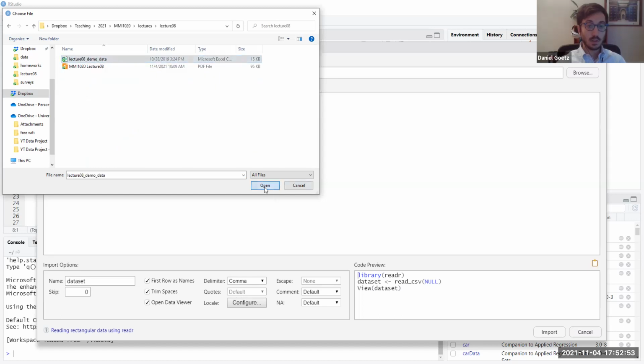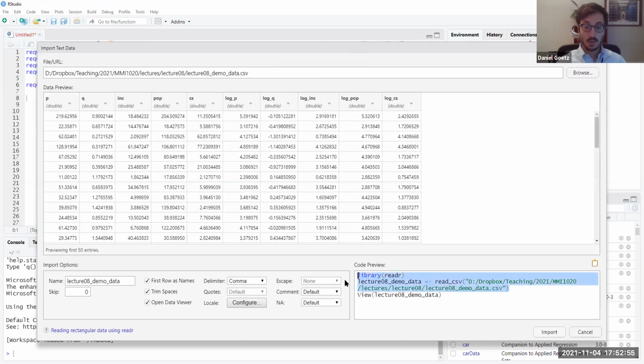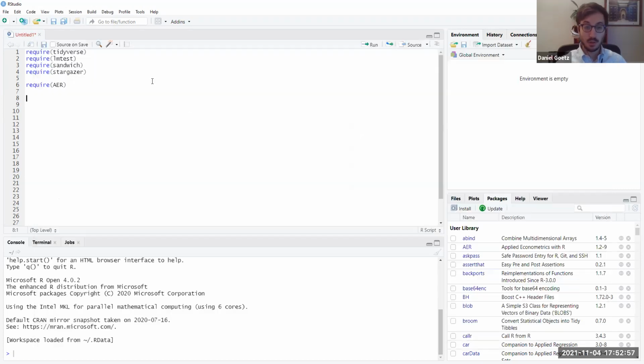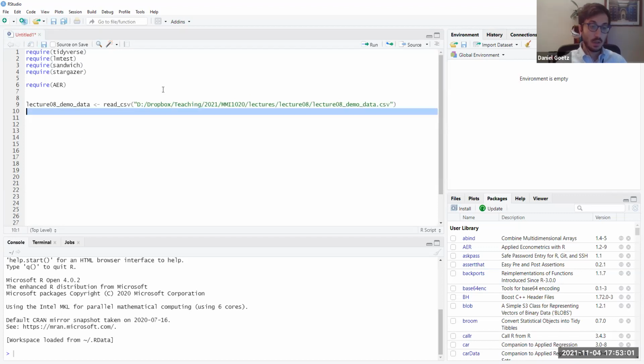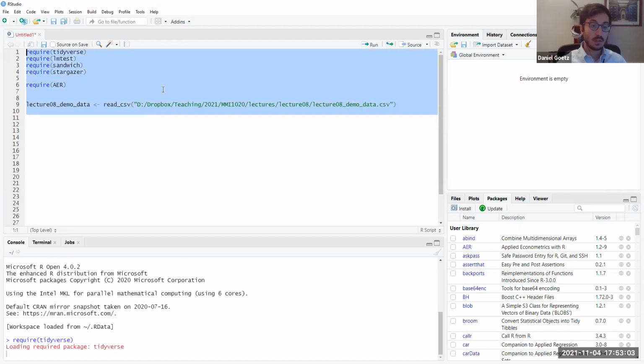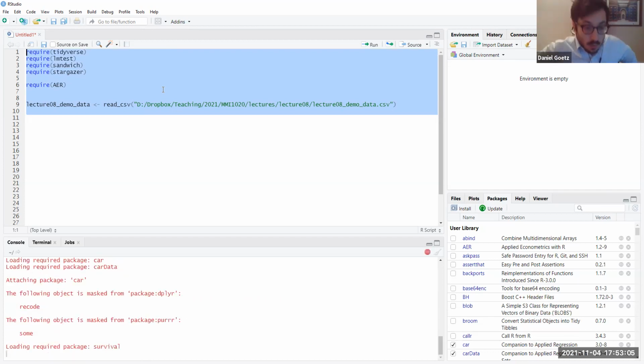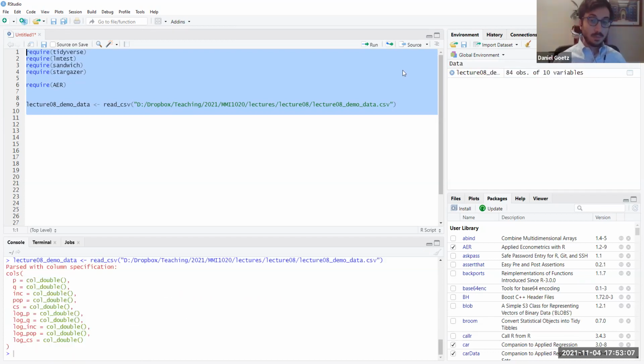All right, so here it is, lecture 8 demo data. So let's grab that little snippet of code, put that in there, and let's get executing. Okay, so we have our lecture 8 demo data. We have 84 observations of 10 variables. Not a very big data set.